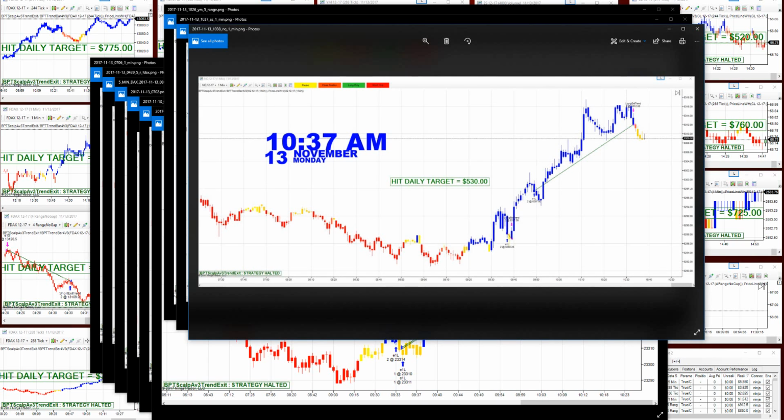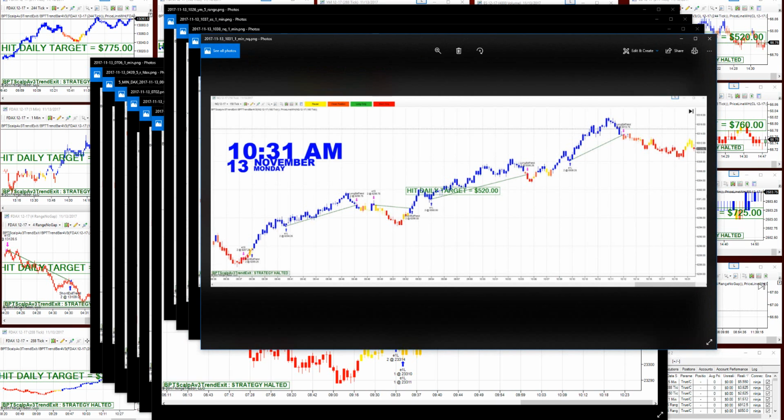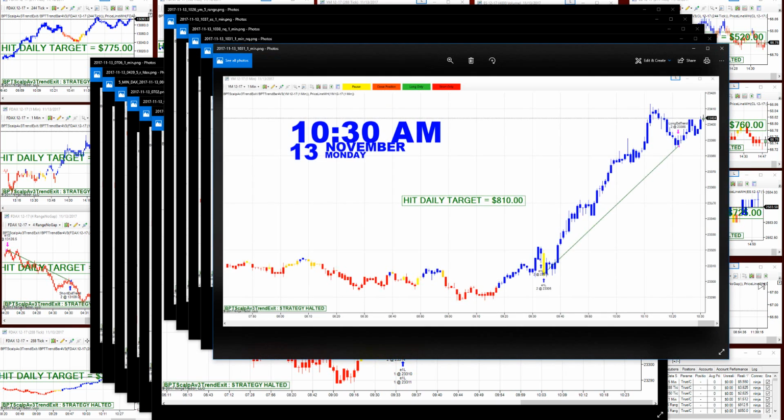NASDAQ 1 minute, we started at 9:30, we were done at 10:37. NASDAQ 150 ticks. Look, the struggle today on the NASDAQ on the 150 ticks, still we nailed it. If this market is moving, we're going to nail it. The minute that market is going to spike, we're going to grab that trade, and we're not going to let it go.